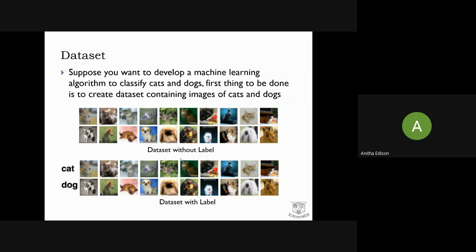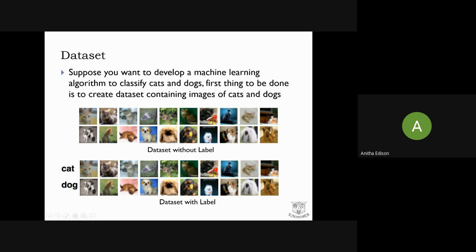First, when we want to do a cat dog classification, suppose we want to develop a machine learning algorithm to classify cats and dogs. You're given an image of a cat or dog, and you want your computer to identify whether it is that of a cat or dog. So the first thing you have to do is to create a data set containing images of cats and dogs. You have to collect a lot of pictures of cats and dogs.